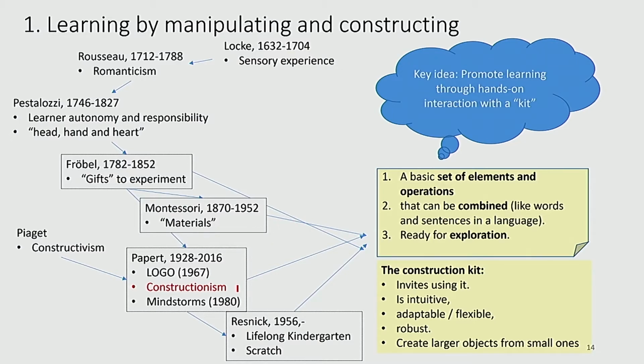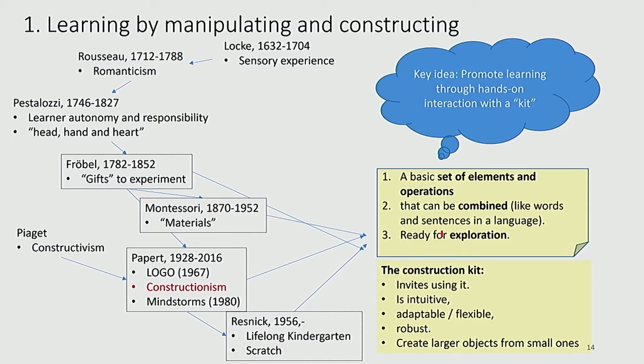But the most important idea that came out of this line of thought that started with Rousseau is constructionism. That's what you do, for instance, in educational robotics, or if you teach programming with an environment like Scratch. So you have children play with hands-on interaction. They use a kit.